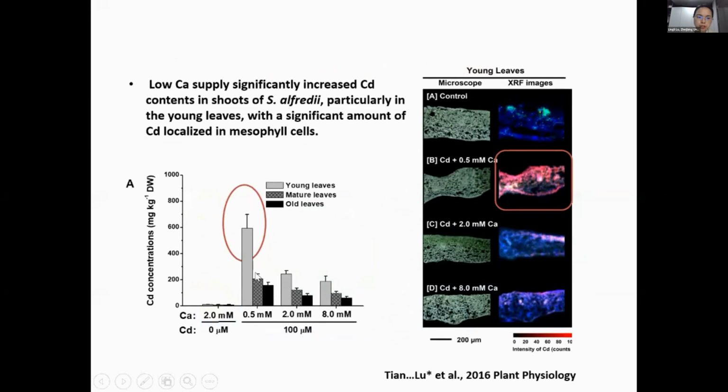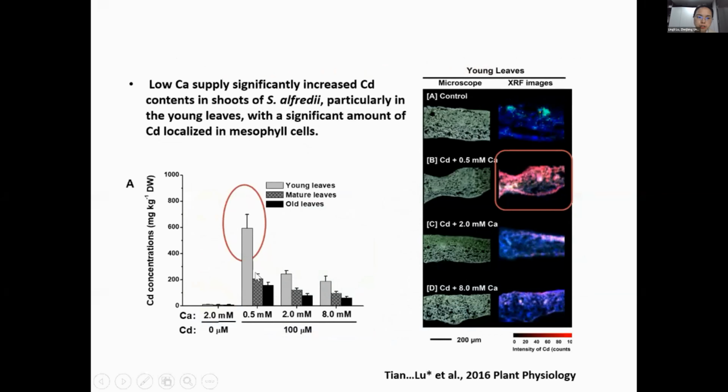So the next question: we recently did something very interesting, and by XRF imaging, we found that this plant species can use the cadmium to defend against biotic stress.